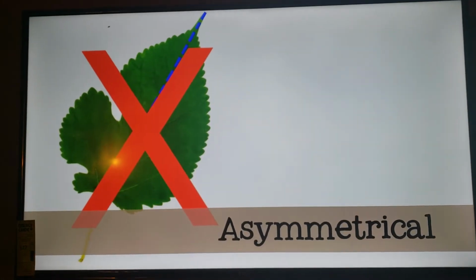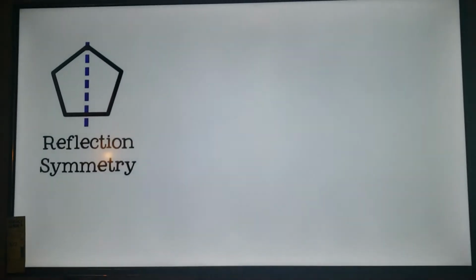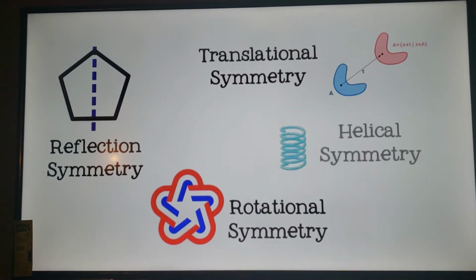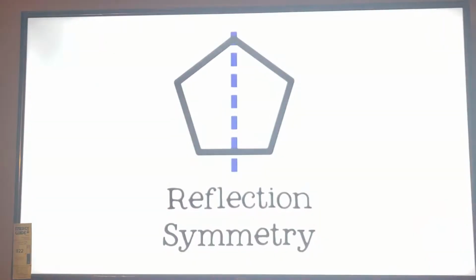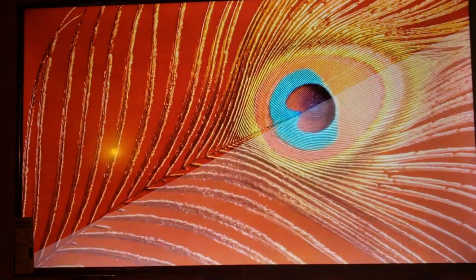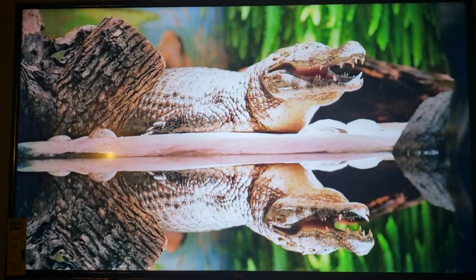When an object does not have symmetry, we say that it is asymmetrical. There are many different types of geometric symmetry, but today we are only going to talk about the simplest form, reflectional symmetry. An object or image that has reflectional symmetry is like a mirror image.